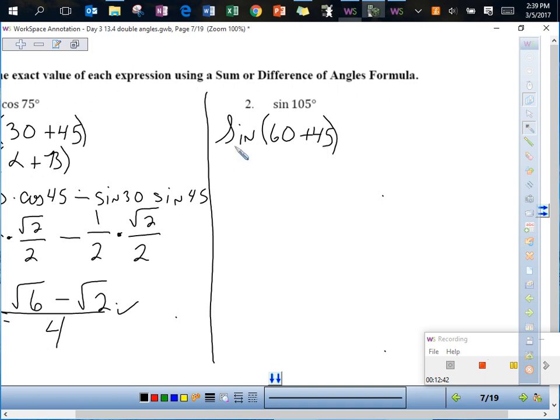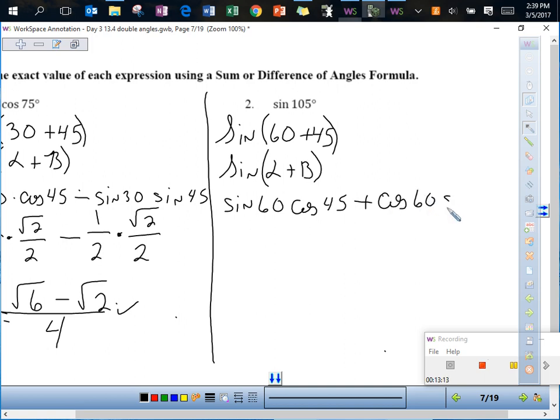Now, I just decided to use the sine of alpha plus beta formula. So you'll look on your note card and see that the sine formula looks like this. I'm going to have the sine of 60 times the cosine of 45 plus the cosine of 60 times the sine of 45.